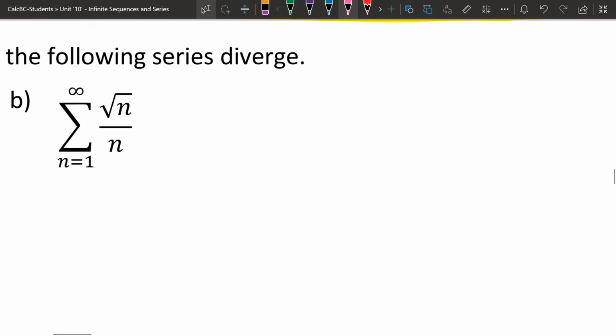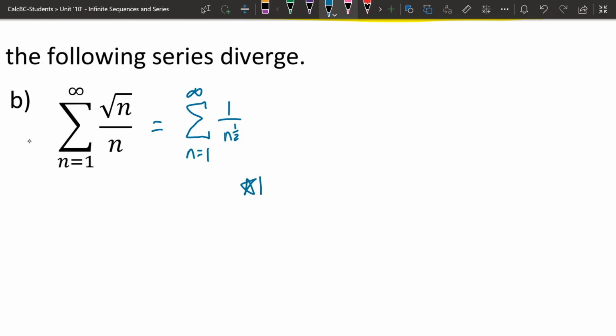Last one, part B. Another series from 1 to infinity, this time of root n over n. Again, like in the last one, we might need to rewrite our rule so that it looks like a P-series. So using your algebra skills, rewrite this as 1 over n to the 1/2.